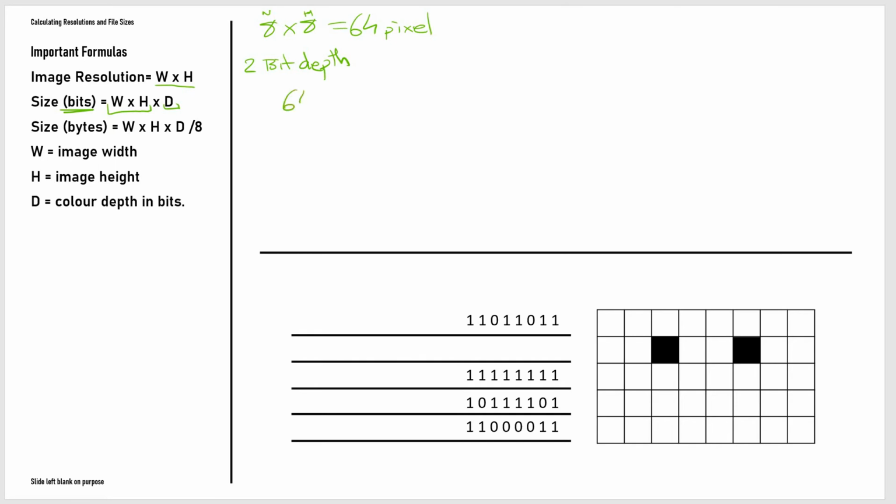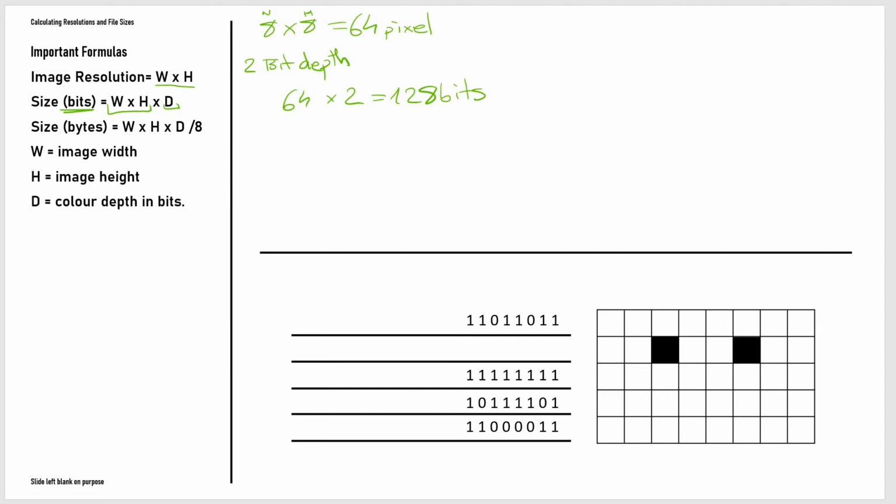So we take 64 and we multiply it by 2 and we get 128. So this image, whichever image we've made up here, is 128 bits. So it's width times height times color depth.